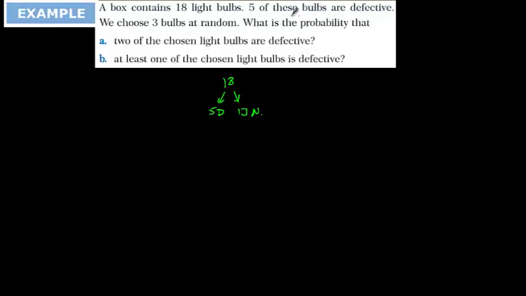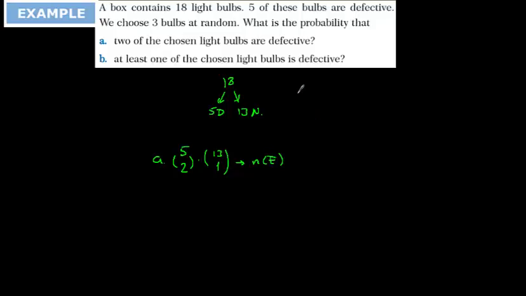We are going to choose 3 light bulbs, and what is the probability that 2 chosen light bulbs are defective? For the event, from 5, 2 of them I'm going to choose, and from 13 I'm going to choose only 1 of them, because from the normal ones only 1 is wanted, and this is going to be the NE.